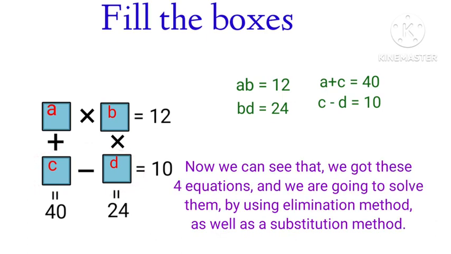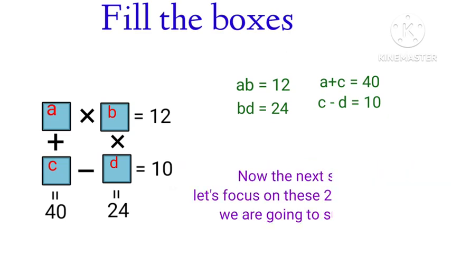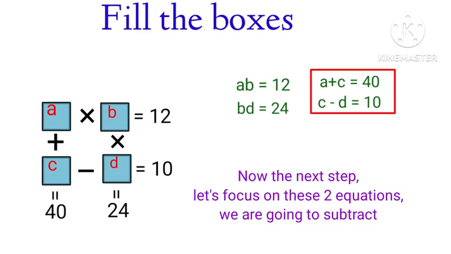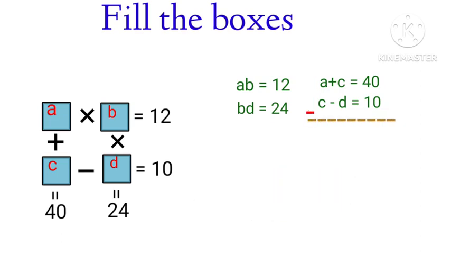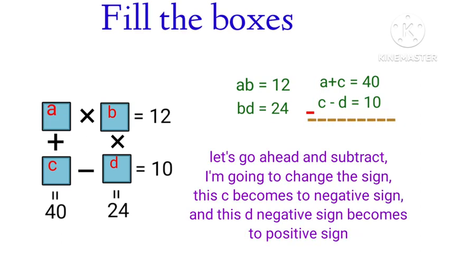Now we can see that we got these four equations, and we are going to solve them by using the elimination method as well as the substitution method. Now the next step, let's focus on these two equations. We are going to subtract. I am going to change the sign.